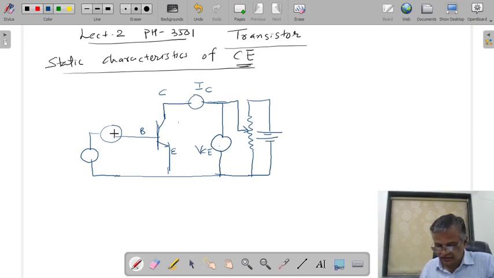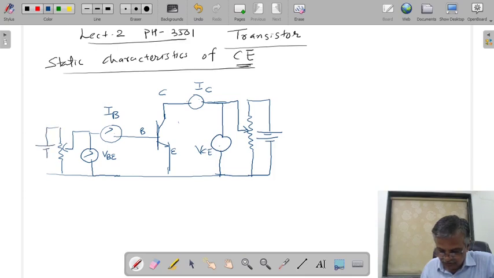In the base one current meter and one voltmeter. This is your IB. This is your base emitter voltage, the voltmeter measures the base emitter voltage. Here I am connecting the potentiometric circuit arrangement. This is a plus supply, this is a minus supply.